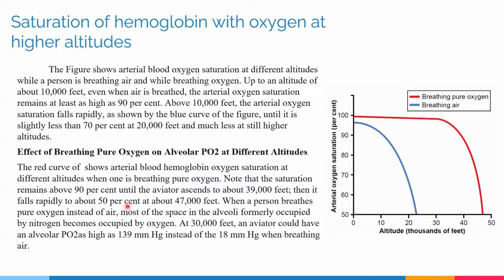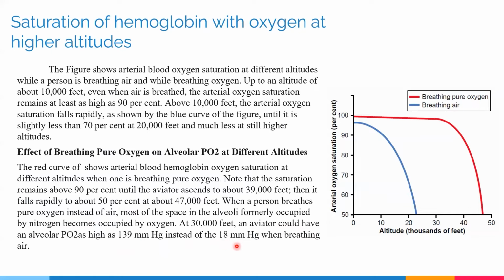When a person breathes pure oxygen instead of air, most of the space in the alveoli formerly occupied by nitrogen becomes occupied by oxygen. At 30,000 feet, an aviator could have an alveolar PO2 as high as 139 millimeters of mercury instead of just 18 millimeters of mercury when breathing air.